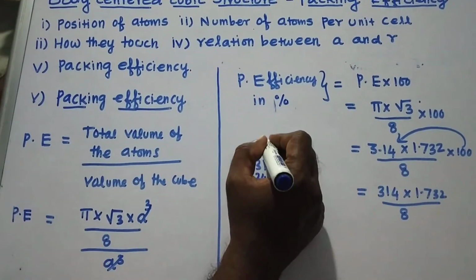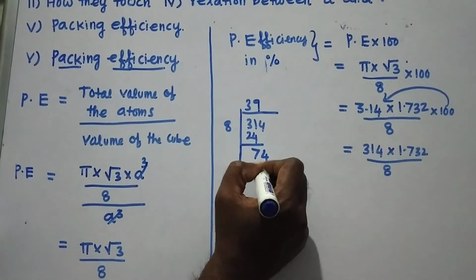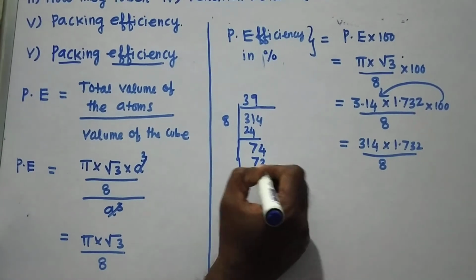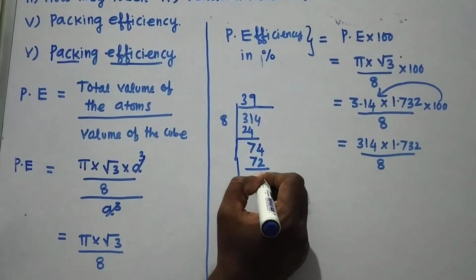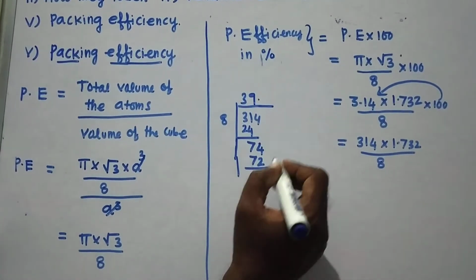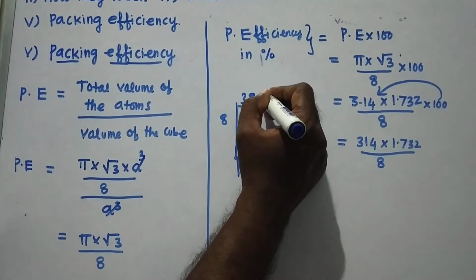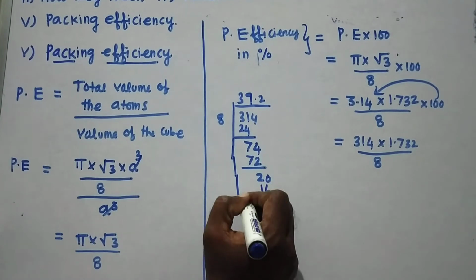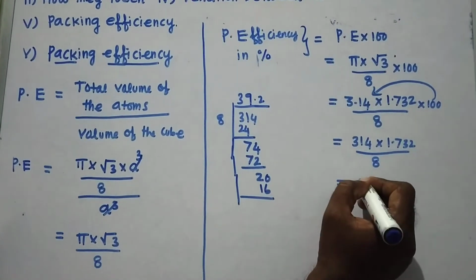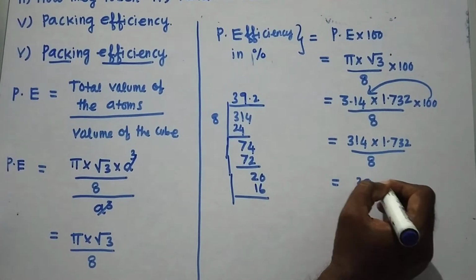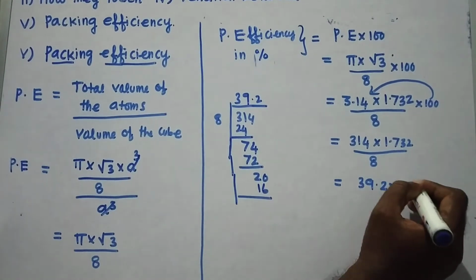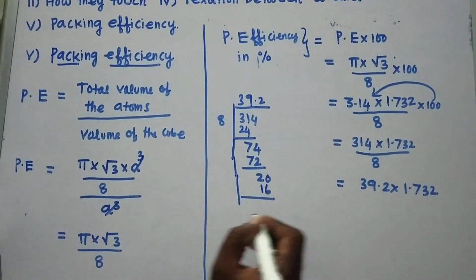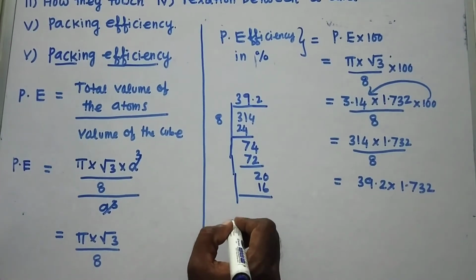That is equal to 9 times 8 equal to 72, that is equal to 2 point, then it's equal to 20. It's equal to 2. Then 39.2 into 1.732.